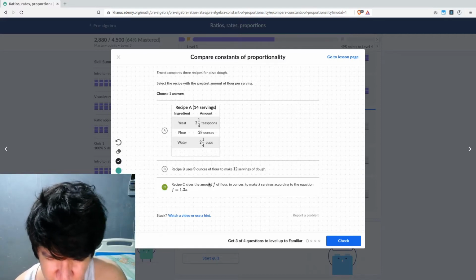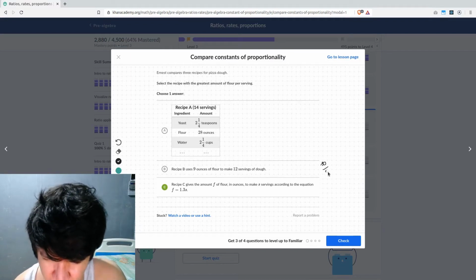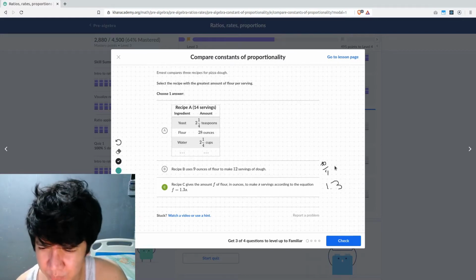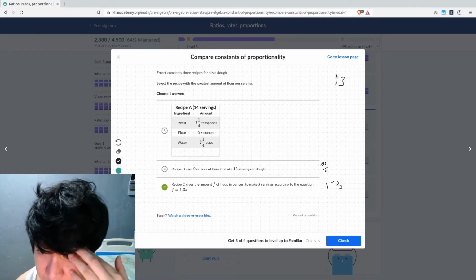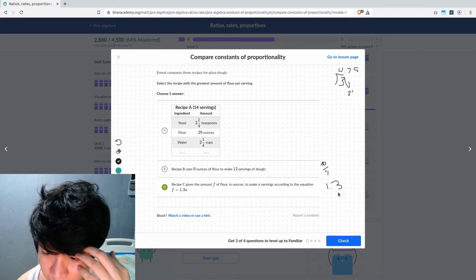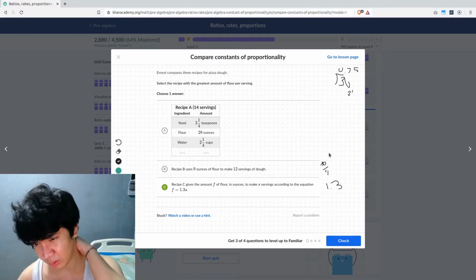So I guess it's supposed to be 3/4. So for every 4, this is like 1.3. What is this amount? 0.75, right? So 0.75. Wait, what? Okay.